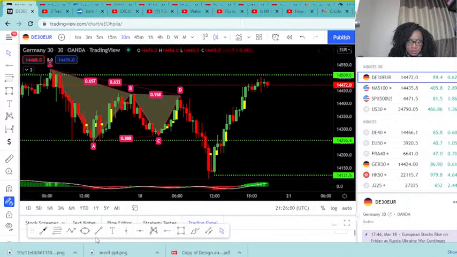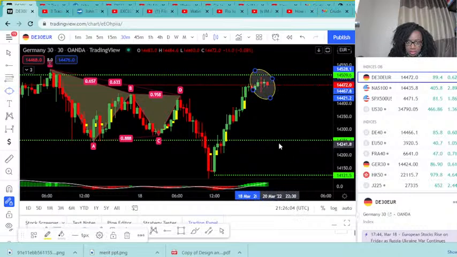This is the zone of interest that we're keeping an eye on. Is it going up? Is it coming down?